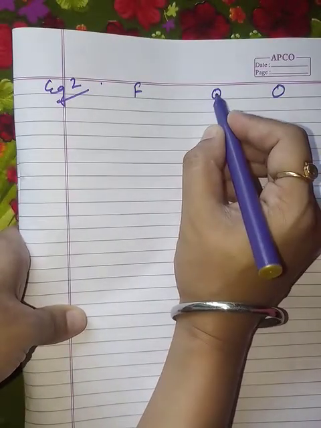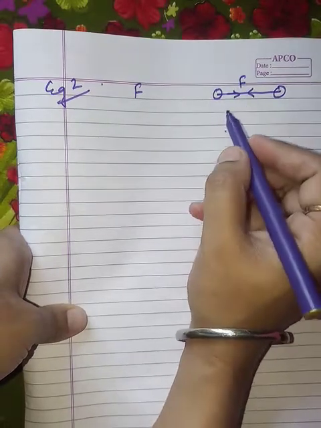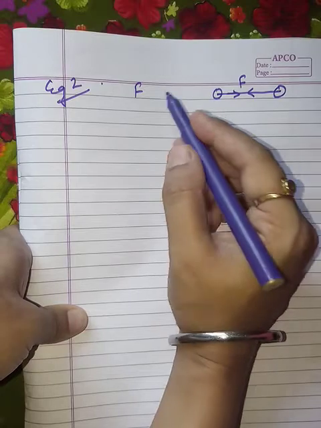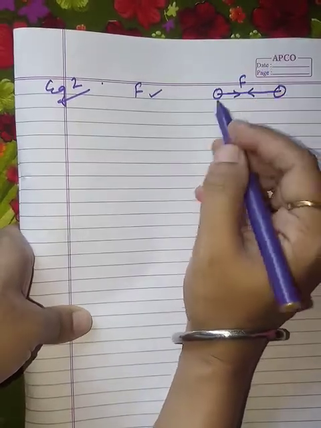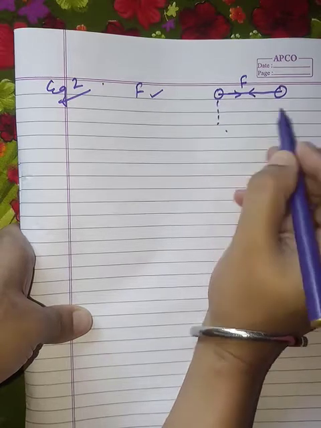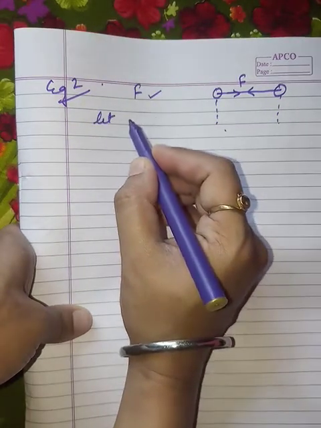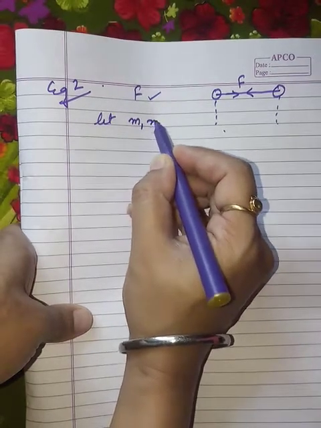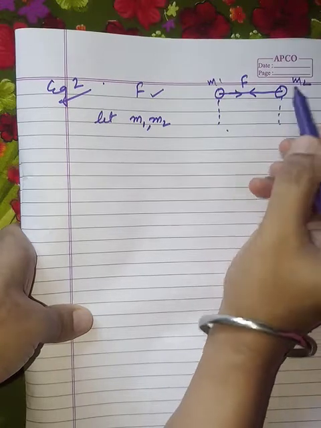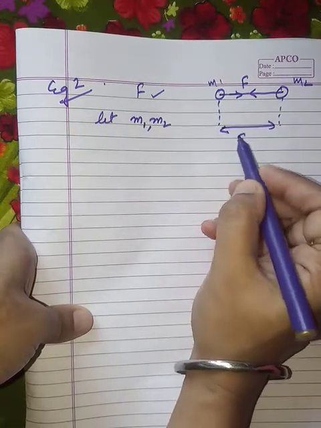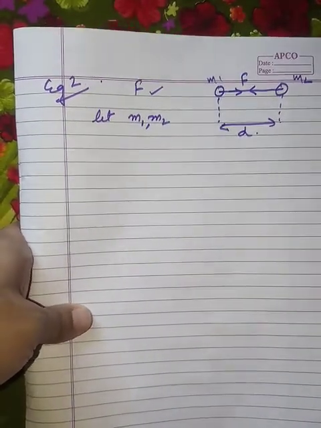Let's say these are the two objects and between them there is a gravitational force F. F doesn't have any value, so F is given as it is. Now how does it change? Let the masses be m1 and m2, and let the distance be d, as given in the universal law of gravitation.